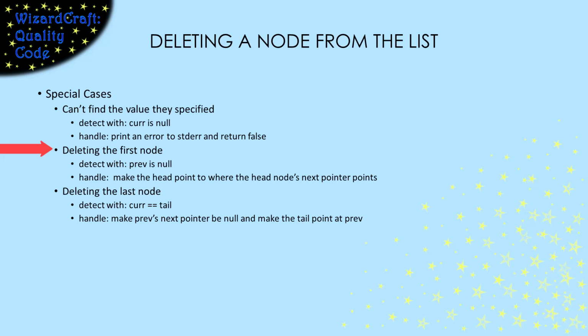If we have to delete the first node in the list, the loop won't have moved anything, so prev will still be null. In that case, we need to copy the head node's next pointer into the head to move the head past the node that we're deleting. Similarly, if we're deleting the last node in the list, cur will be equal to the tail pointer, and we need the tail pointer to point to prev so that it points to the last remaining node in the list.